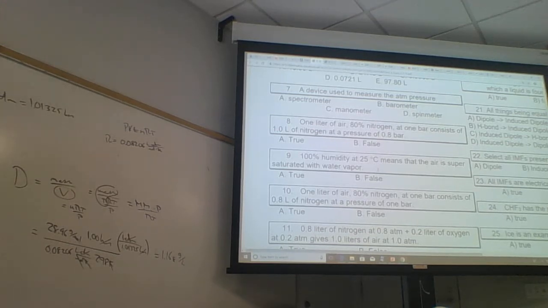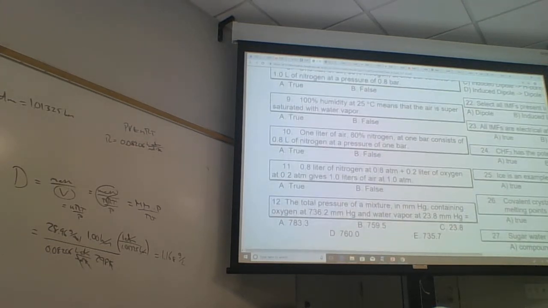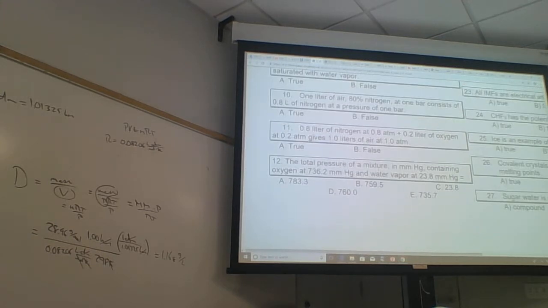So everything has to have the same pressure. The air, the nitrogen, the oxygen, everything has the same pressure. That's 10.